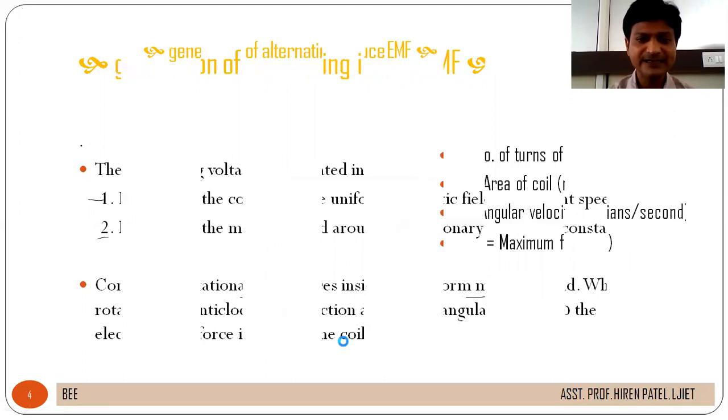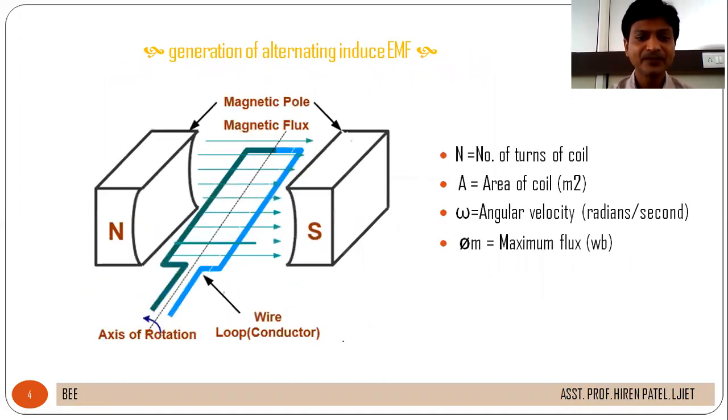So here we can see the setup. Here you can see these two poles. This is the north pole and this is the south pole, which represent the uniform magnetic field, and this is a coil.